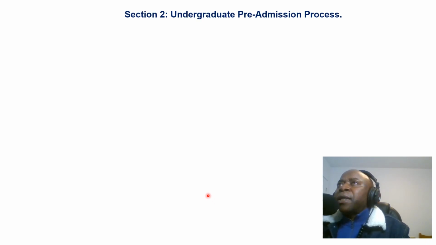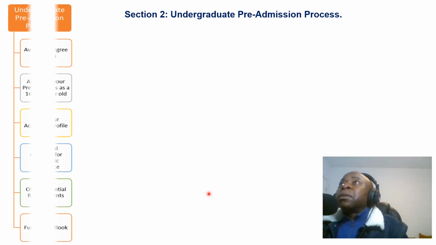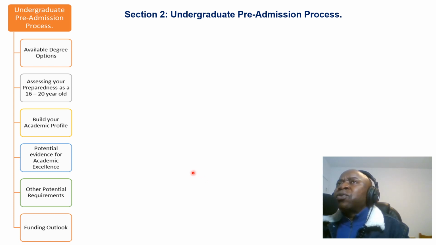So these are the things you should be able to consider while you're applying. So now, when you've made up your mind to apply for an undergraduate degree program, we'll go to the second stage, which is the undergraduate pre-admission process.